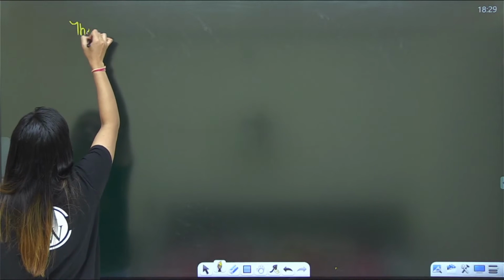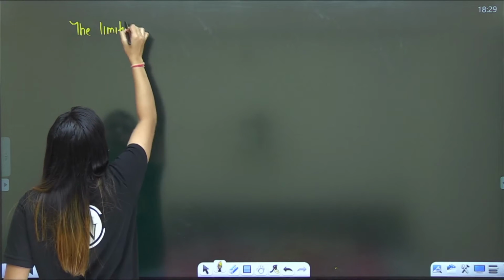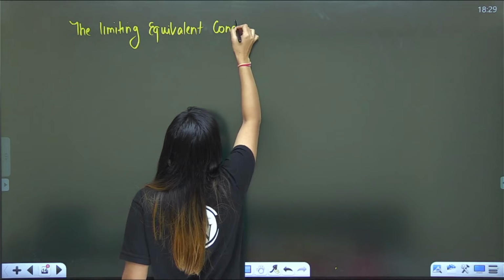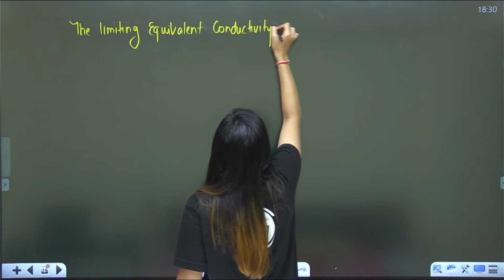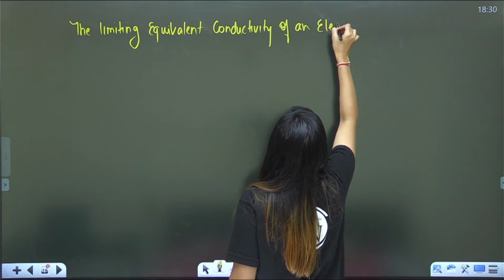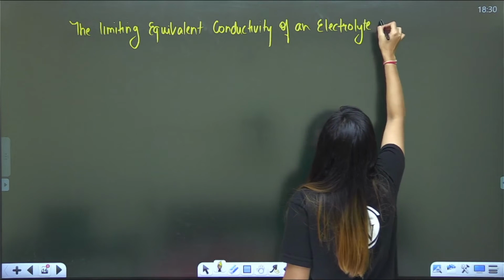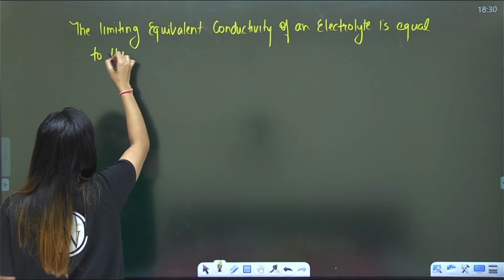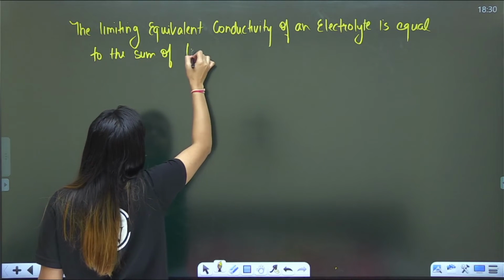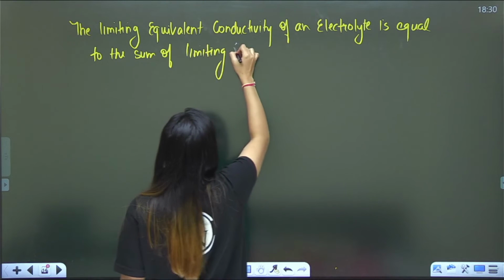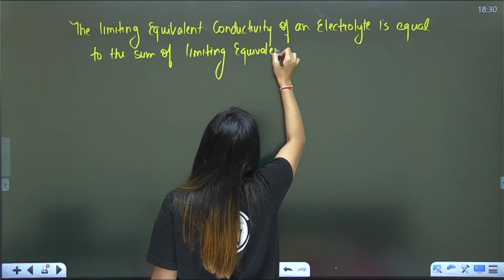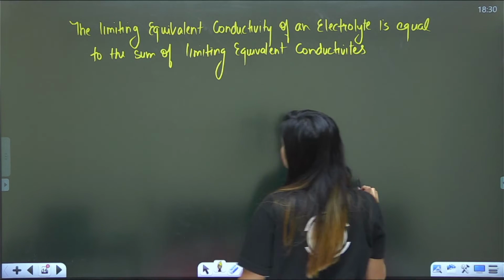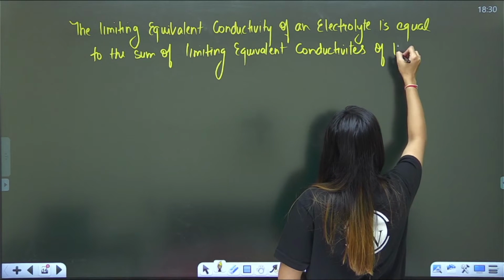The limiting equivalent conductivity of an electrolyte is equal to the sum of limiting equivalent conductivities of the ions.